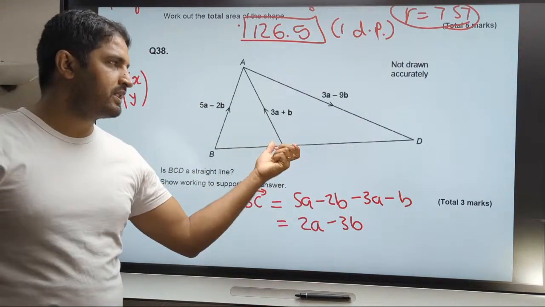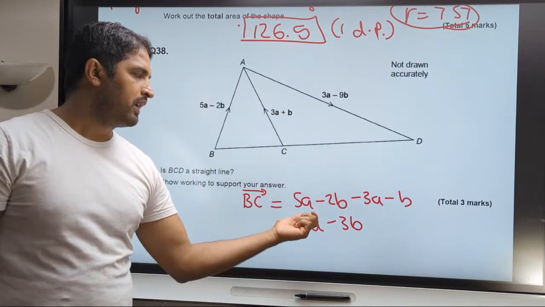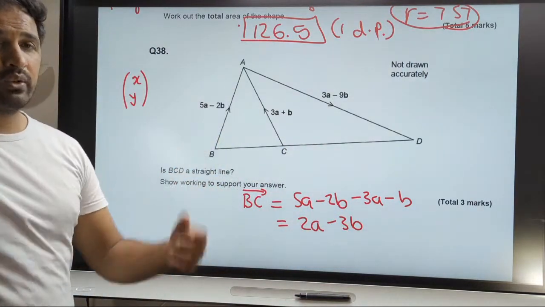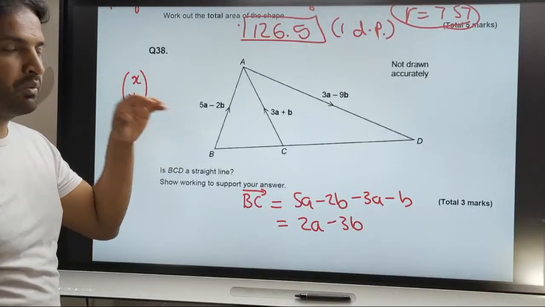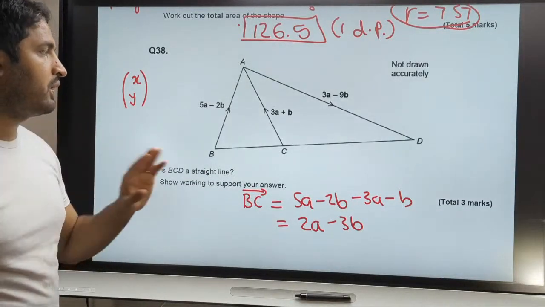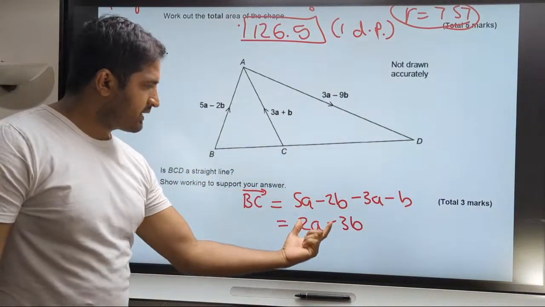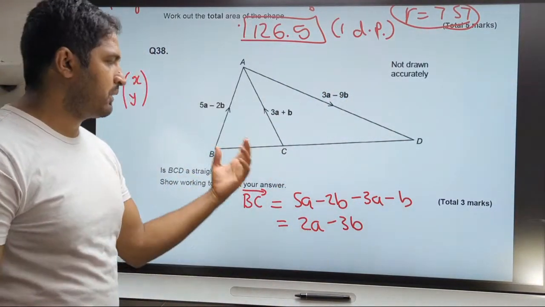So as long as this C to D is any multiple of 2A minus 3B, then we can say that's going to be in the same direction and it would be a straight line, okay? Or B to D, you can try and work it out, which would be similar but slightly bigger. You can work it out either way.